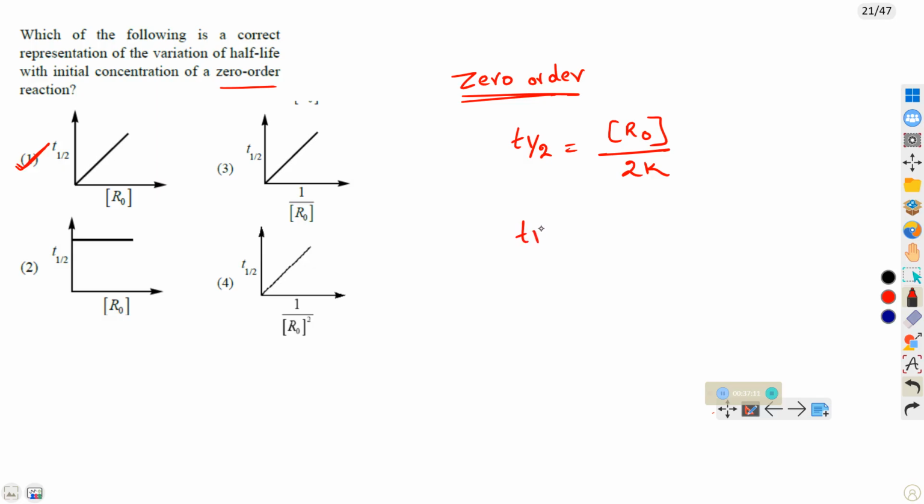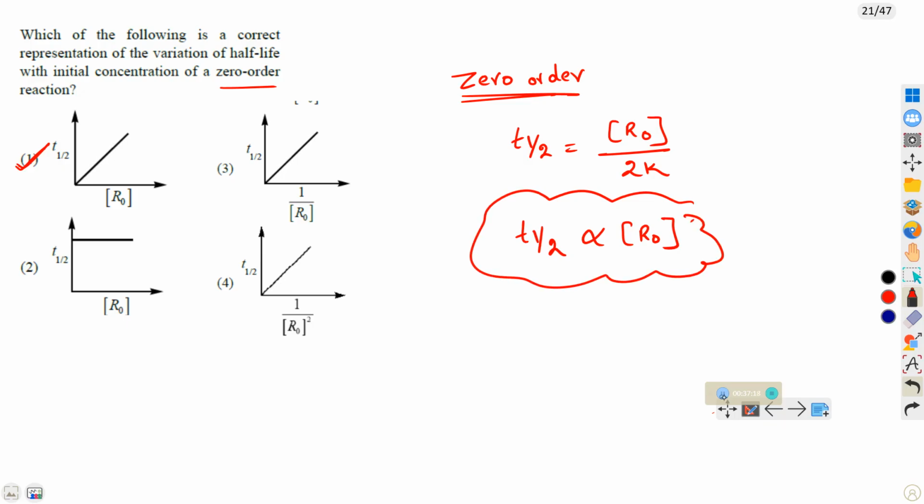That means the value of t1/2 is directly proportional to the initial concentration of reactants. Otherwise, it can also be written as t1/2 is equal to R naught into 1 by 2K. This is in the form of y is equal to mx.